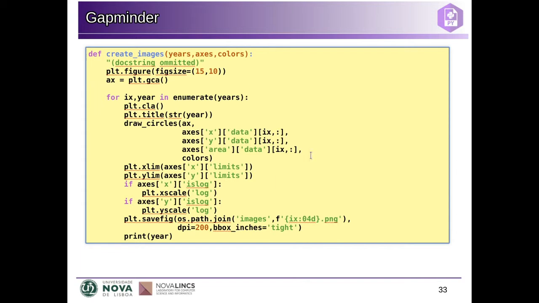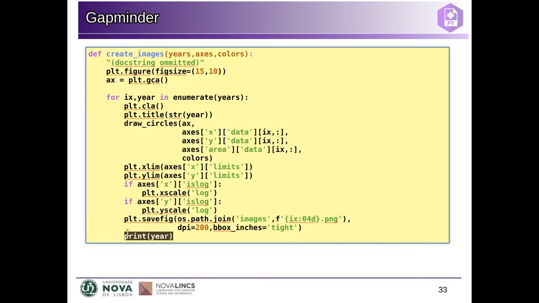Okay, so this is the function that loops through everything and saves all the plots. And since it takes a few seconds to generate each plot, I also put a print there with the year. This is something I don't usually do, so you rarely see a function that prints everything, because in general it's useful to have functions doing things silently. You don't want your console to get filled with rubbish or noise just when your code is running.